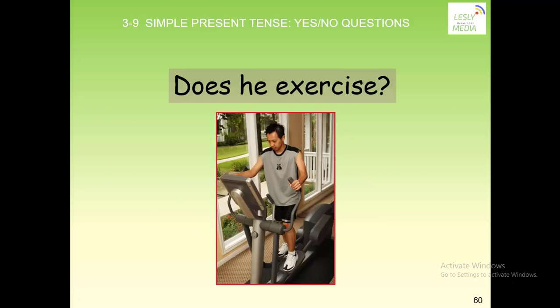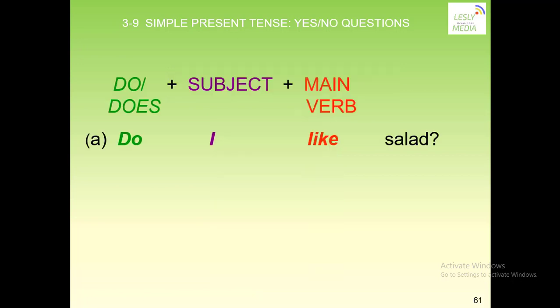Okay. Right now, we are going to learn how to make the interrogative for the simple present tense. Can you read this sentence? Does she exercise? Okay. If you want to make an interrogative, atau kalimat tanya, the formula here is you have to begin with do or does, and then subject and verb.